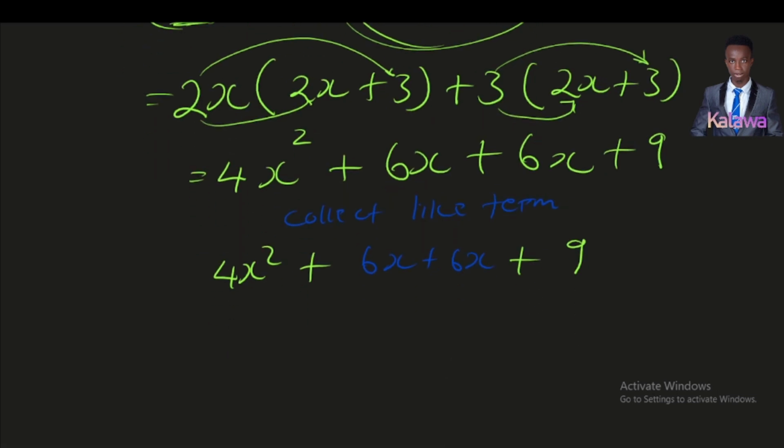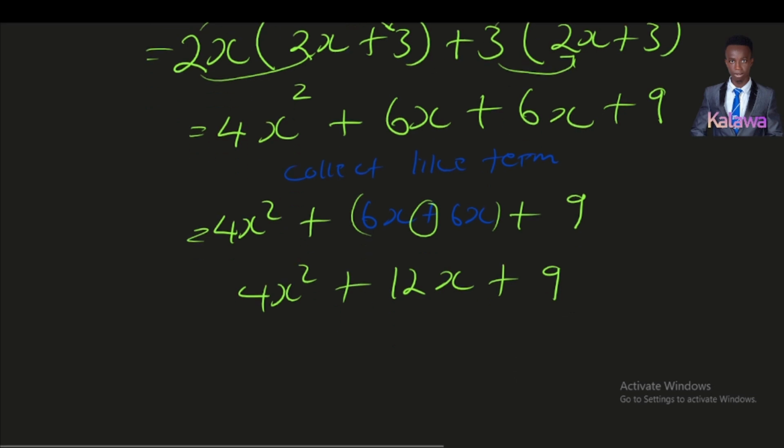So we proceed. This gives us 4x squared plus 6 plus 6. Remember, we have a positive sign here, so we only add the two coefficients and take one of the variable. So 6 plus 6, this is 12x plus 9. So I think this is the simplest form. We can leave it. So this is the simplest form.